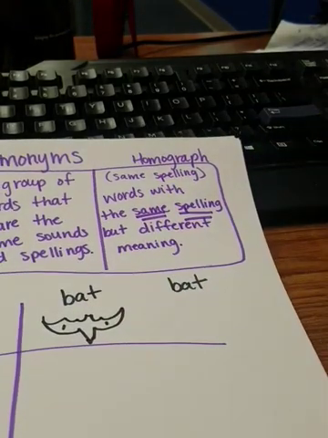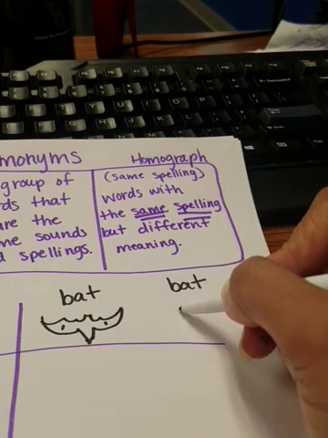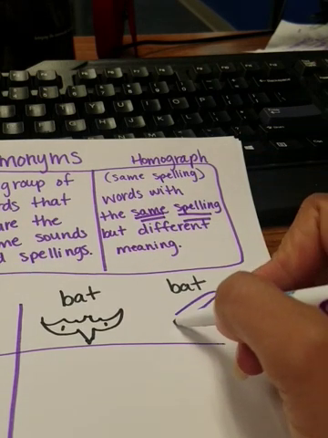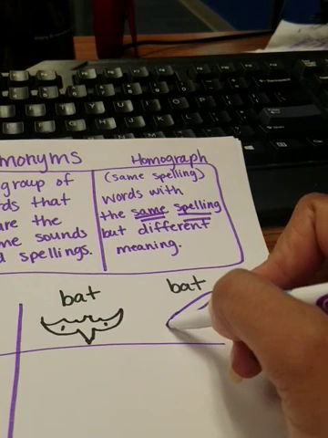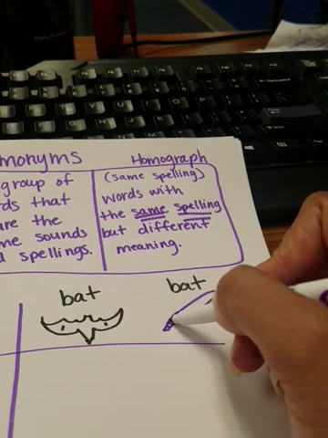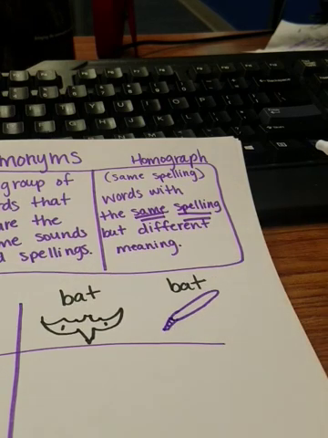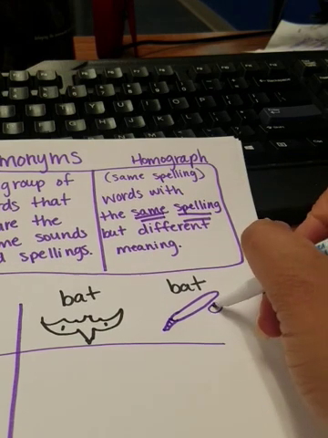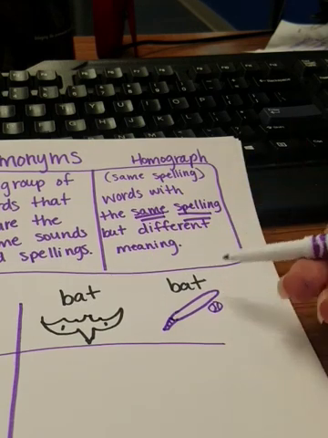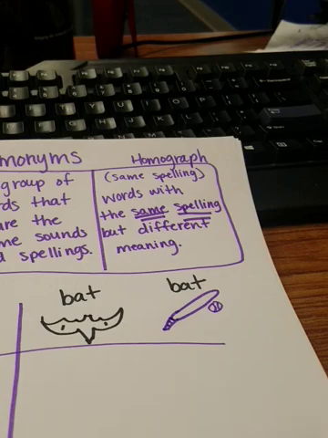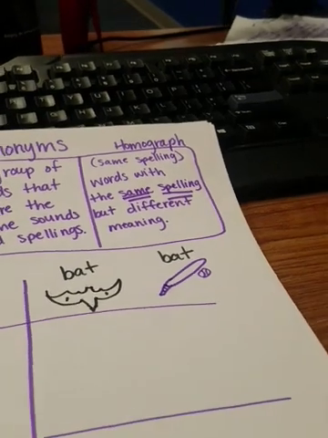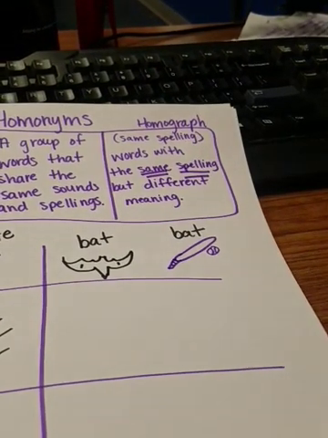Okay, so I've got a bat, and then I've got bat, and I can say like the baseball bat when you're playing the sport. And I'll just draw a little ball there so that you know that this is a baseball bat. Okay, so we got bat and bat.